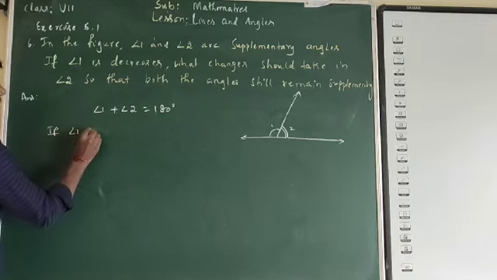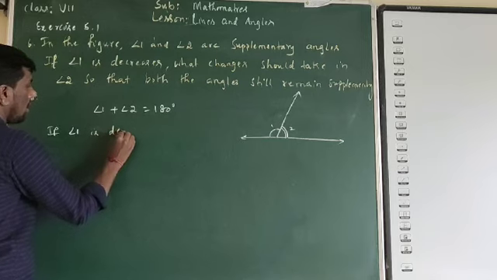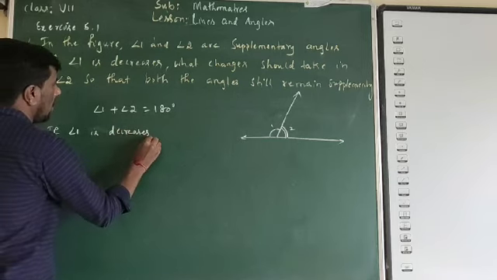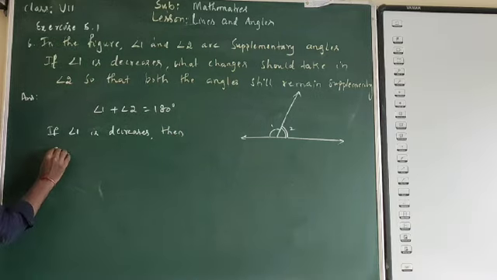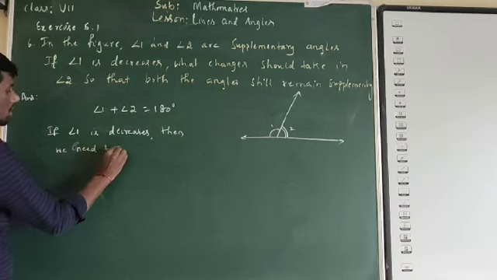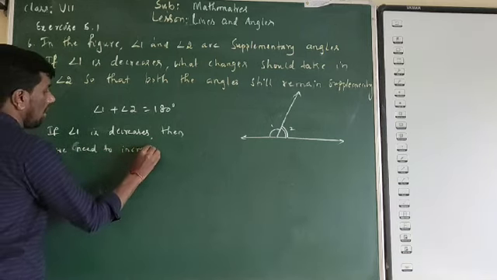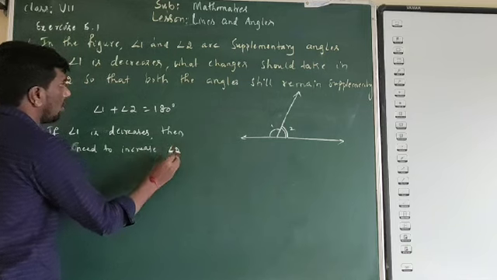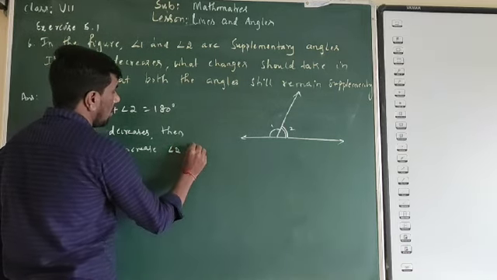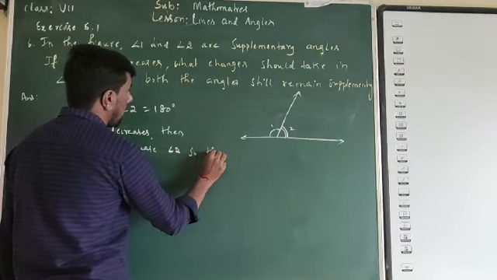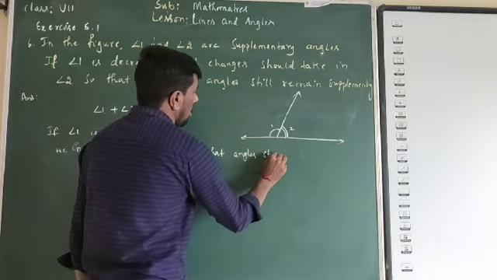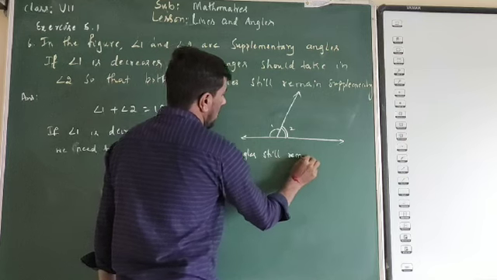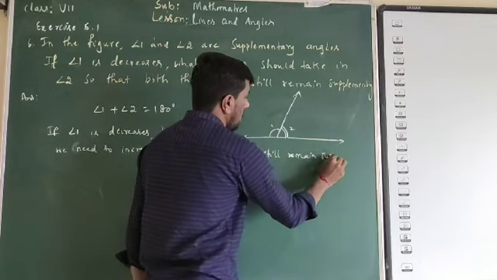If angle 1 decreases, then we need to increase angle 2, so that the angles still remain supplementary.